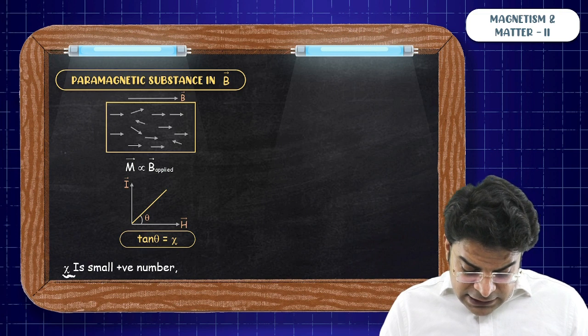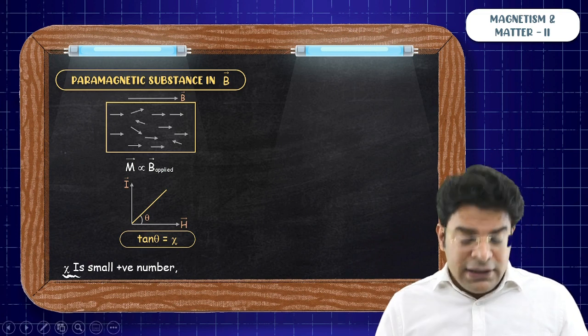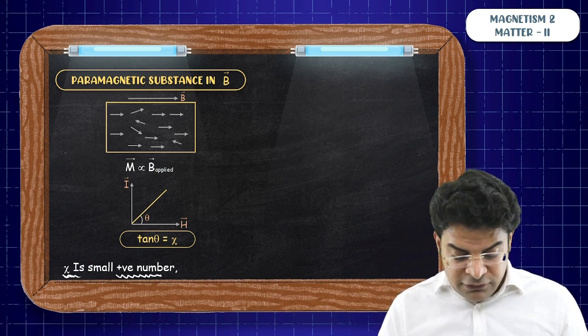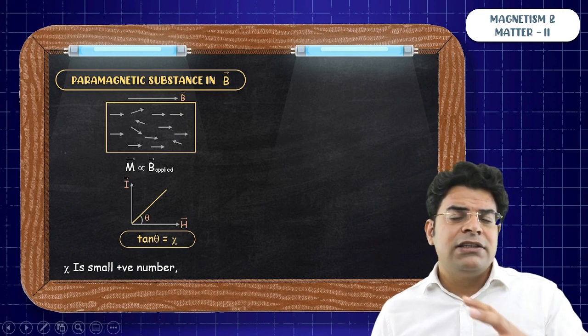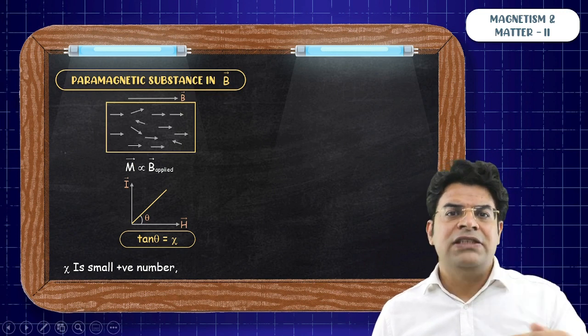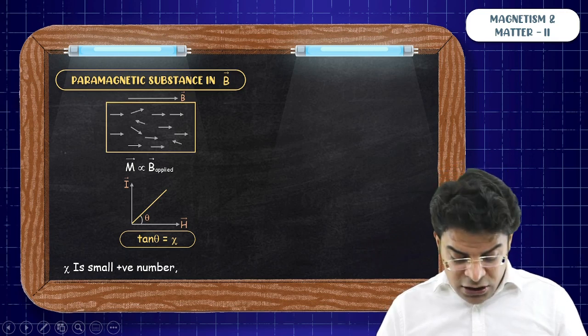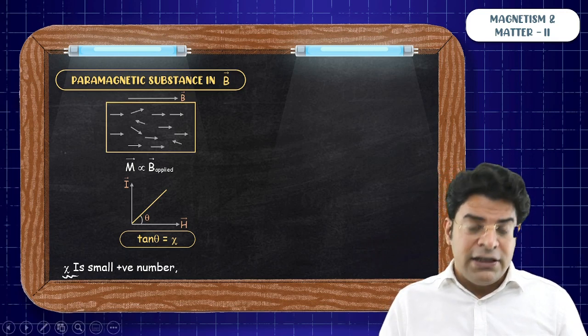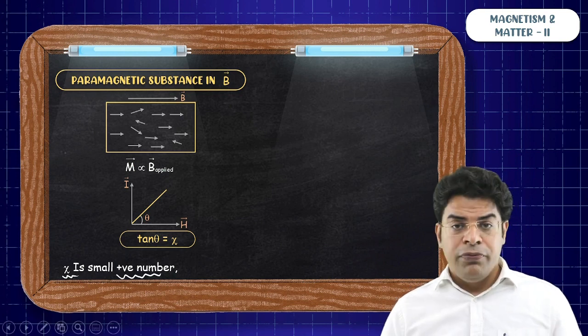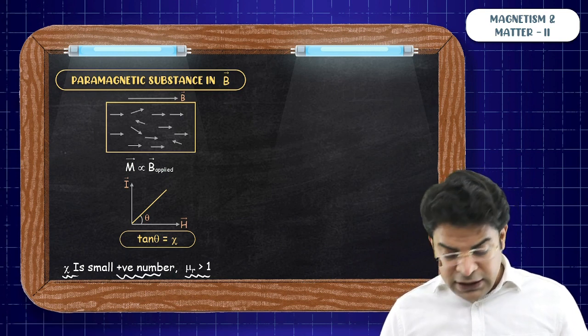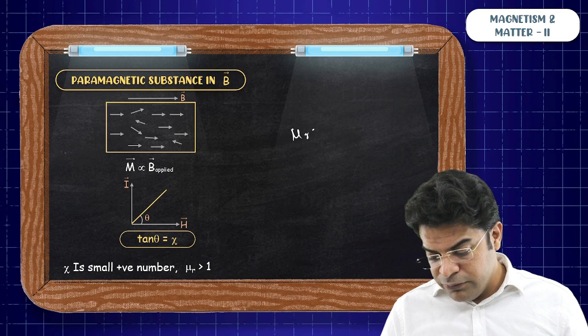Understand that the susceptibility of paramagnetic substance is a small positive number. The paramagnetic substances do not have very large susceptibility. They are feebly attracted by magnetic field. So the susceptibility of paramagnetic substance is a small positive number. And mu r is greater than 1. We know that mu r equals 1 plus psi.